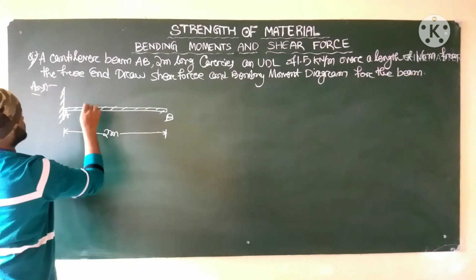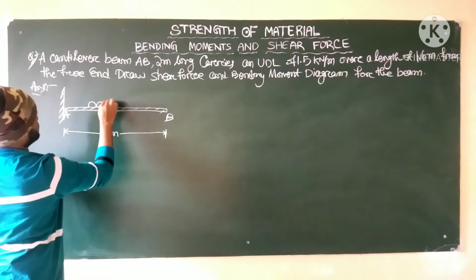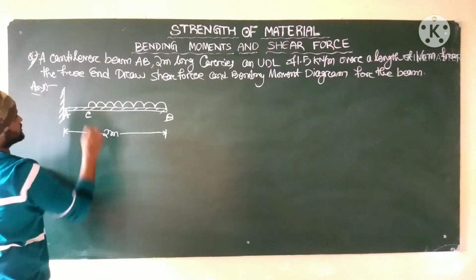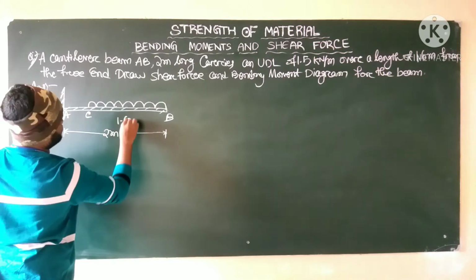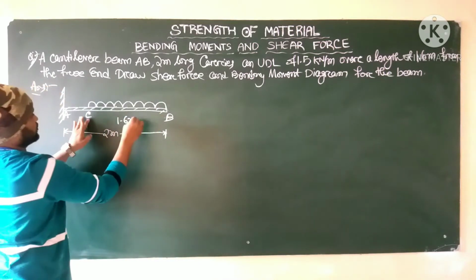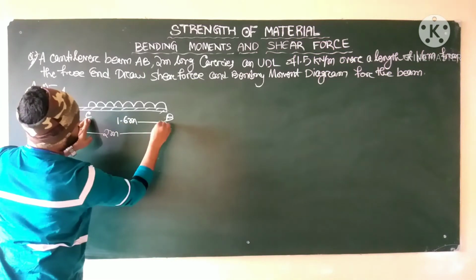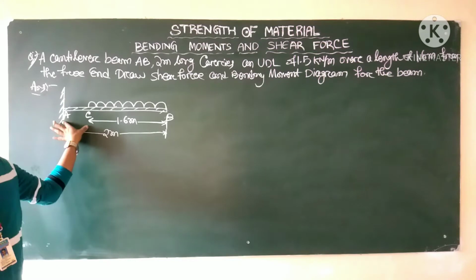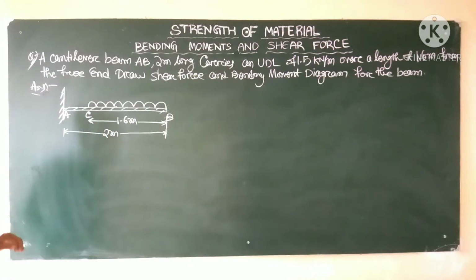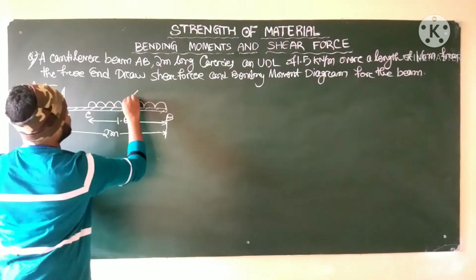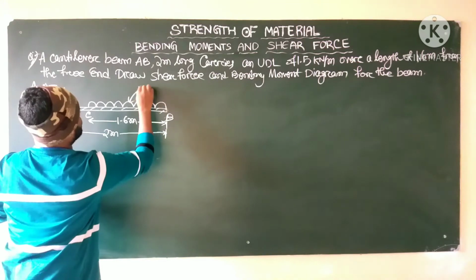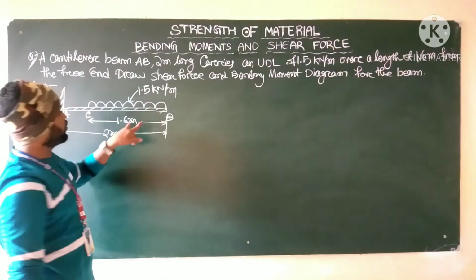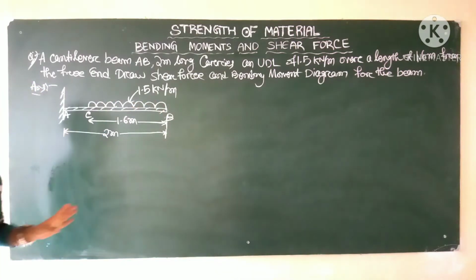So this point is C. From the free end up to 1.6 meter, the UDL is applied. That means the rest 0.4 meter is free. This gives a UDL of 1.5 kN per meter. That means per meter it will give 1.5 kN.